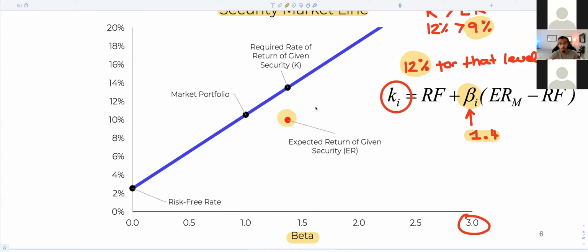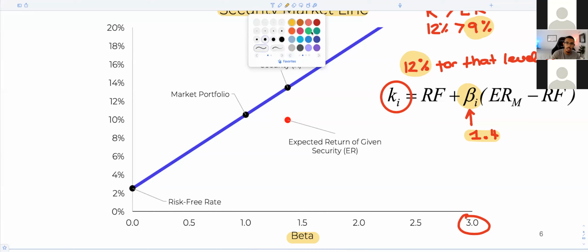So are you receiving more returns, or are you receiving less returns than what you're supposed to get at that level of risk? I need everybody to write in the chat. Exactly, less. Okay, that's a very important key takeaway here.